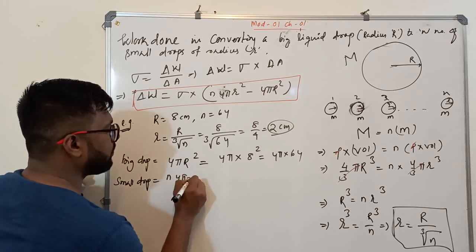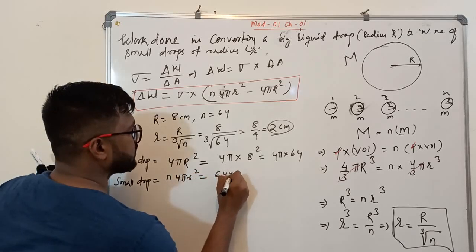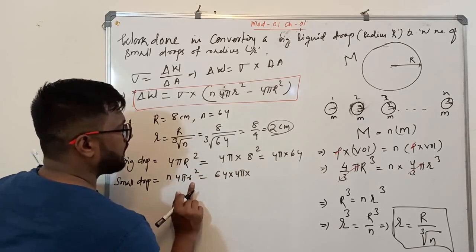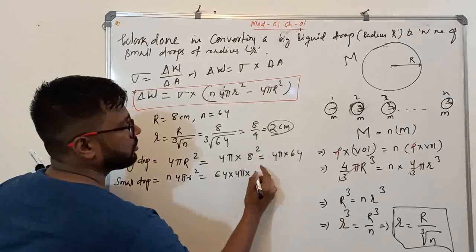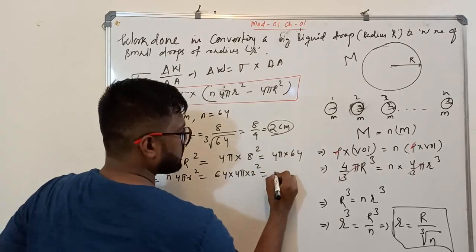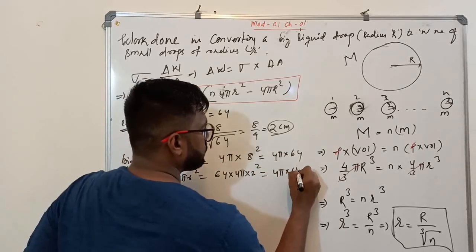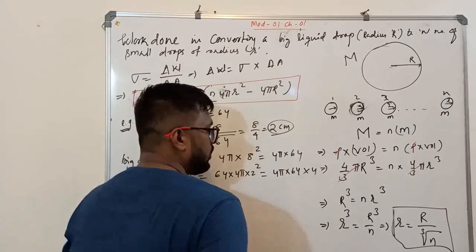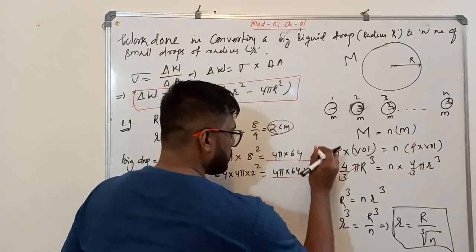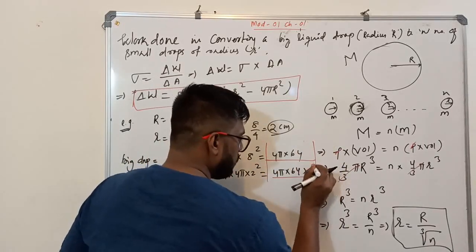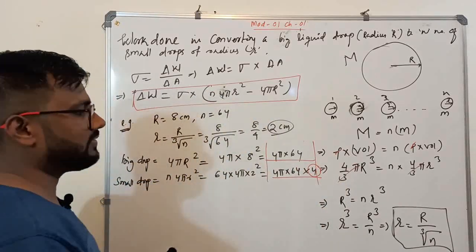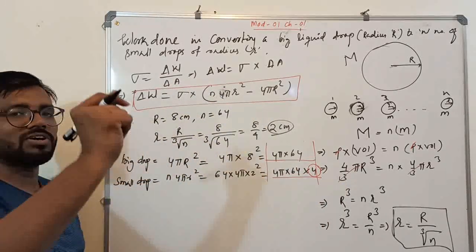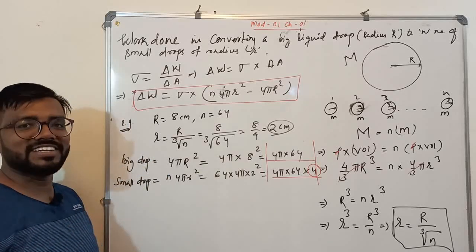N into 4 pi r square. N is 64, into 4 pi, r is 2, so 2 square. So what you got? We got 4 pi into 64 into 4. If you compare these two, what are you coming to know? How many times has the surface area increased? 4 times.